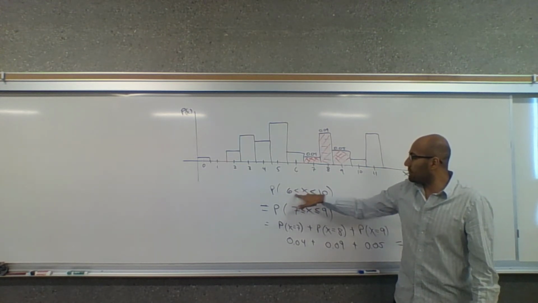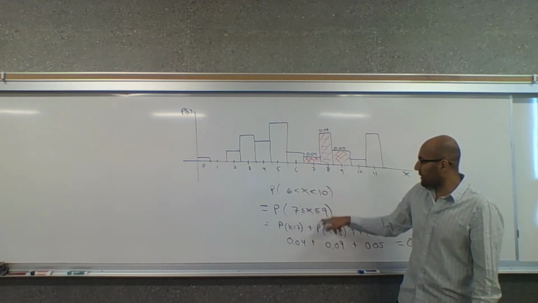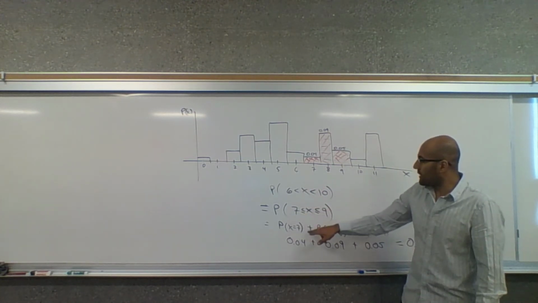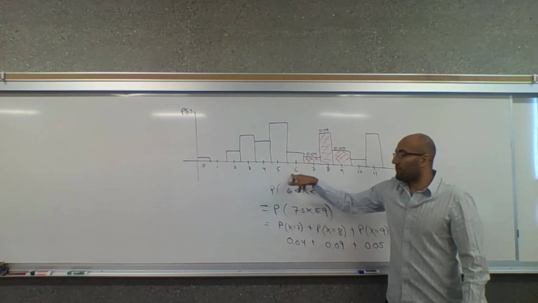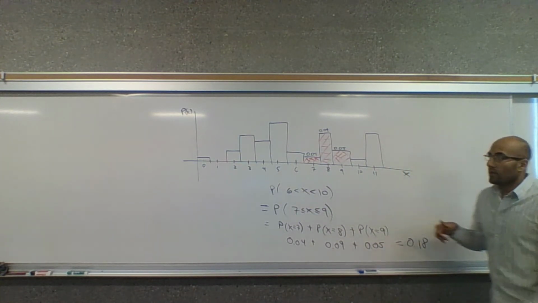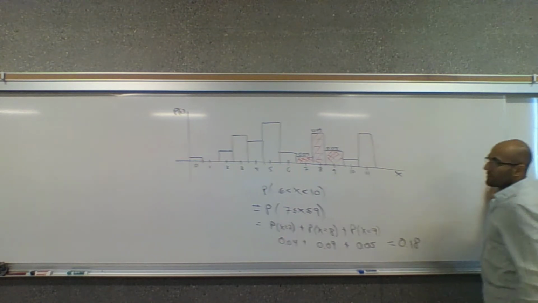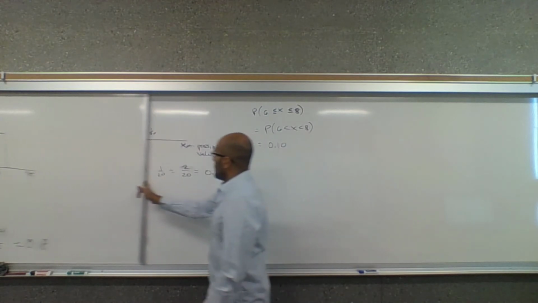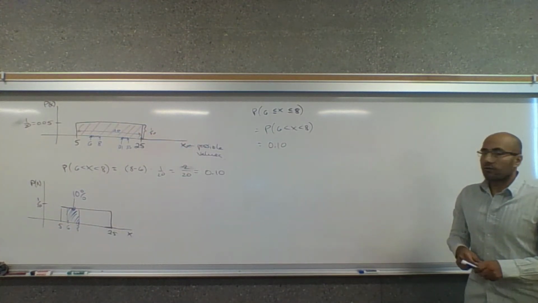The first one it could be is 7, and it's got to be strictly less than 10. The first one it could be is 9. That's why I only included 7, 8, and 9. If this had been equal to, then I'd have to throw in the 6. So with discrete, it makes a big difference whether or not you include the endpoints. But with the uniform ones, it doesn't matter.